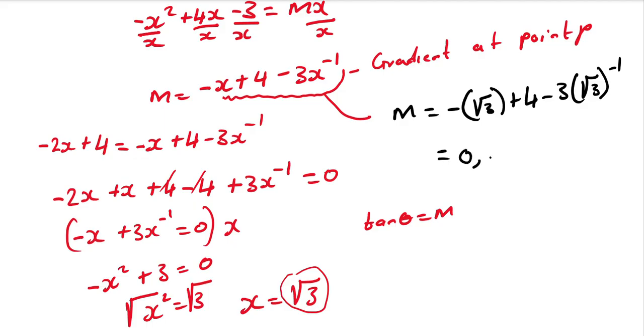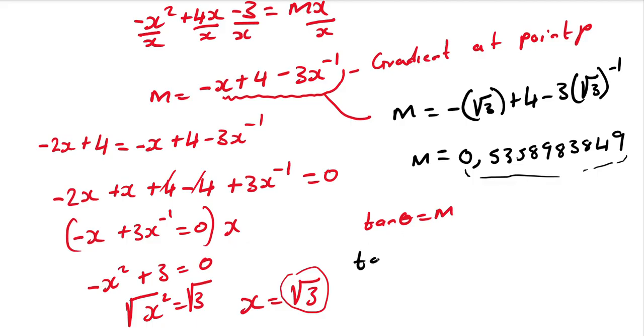We have 0.5358983849. Do you get me? It's your m. So you're going to take this m and substitute it here. You're going to say tan theta is equal to your m. Let's round it to 2 decimal places. It will be 0.54.